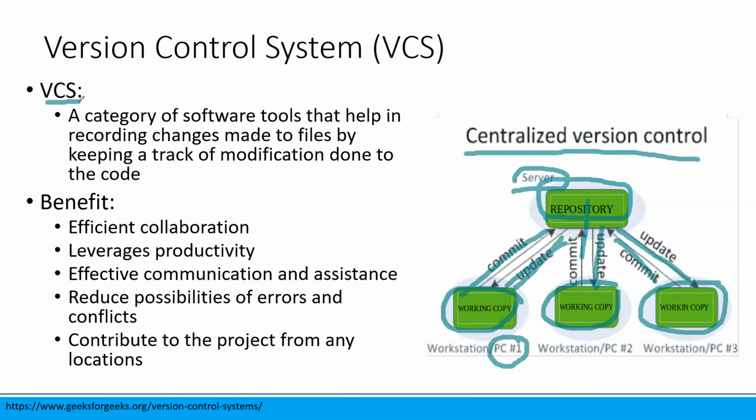VCS, or the version control system, is a category of software tools that help in recording changes made to files by keeping track of modifications done to the code. So if you modify your code and want your friends to get the latest version, you can use VCS because you don't need to zip and send, zip and send.